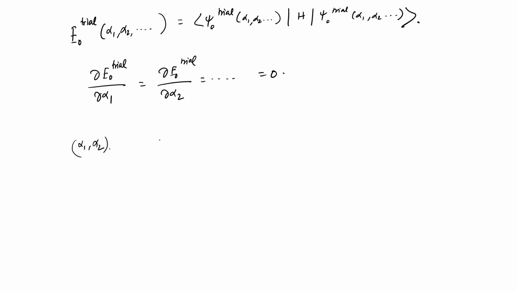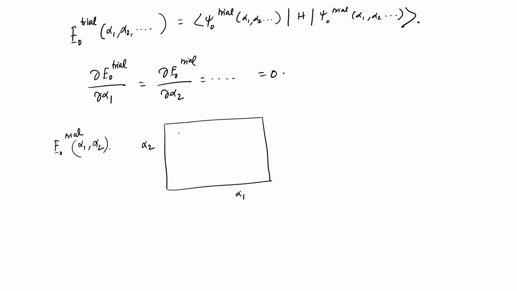Your E0 trial is a function of them, which means you have to simultaneously find the zeros of two quantities: del E0 trial del alpha 1 has to be 0, and at the same time del E0 trial del alpha 2 equal to 0 as well. This simultaneous vanishing means that you have to actually find a minimum of this energy in a space spanned by alpha 1 and alpha 2.